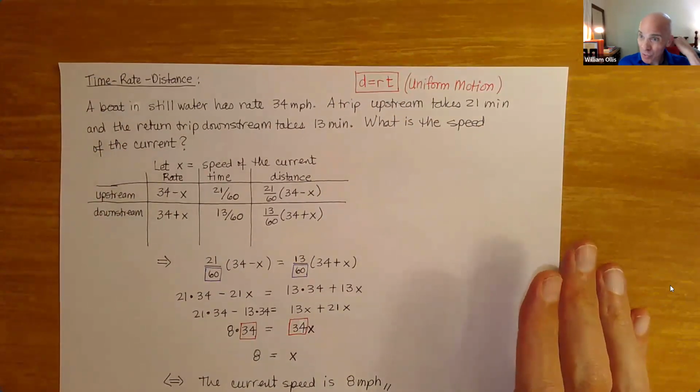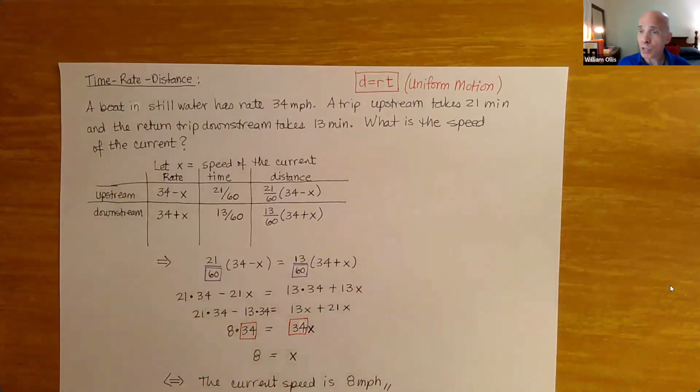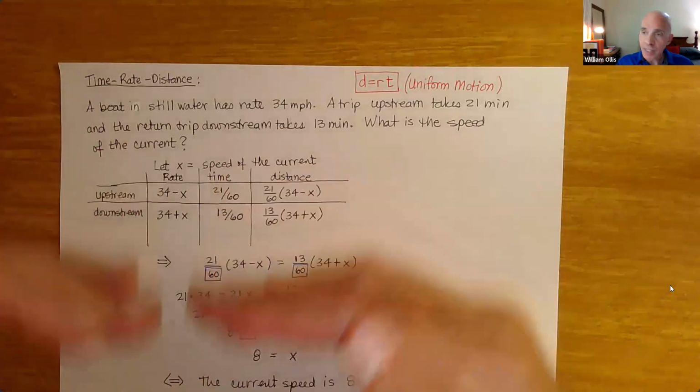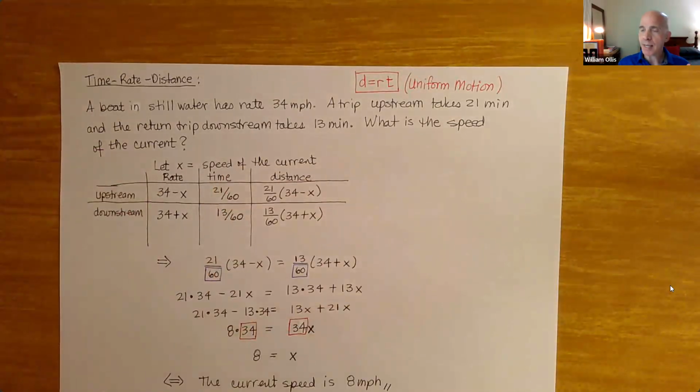I think I found as I work with students, they tend to have better success when they look at the problem from a more strategic standpoint. That is, you set up the given information in an organized fashion, and then you can easily put the pieces together in a more competent way.